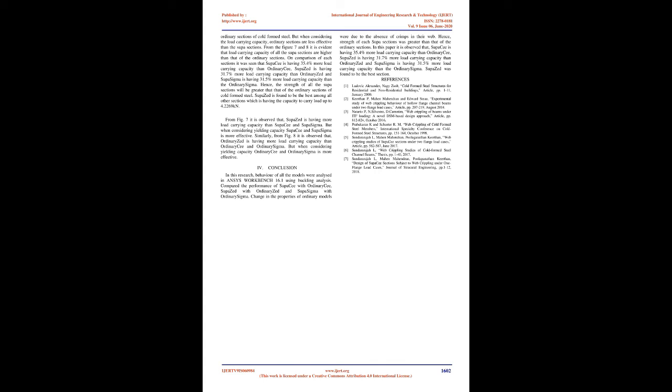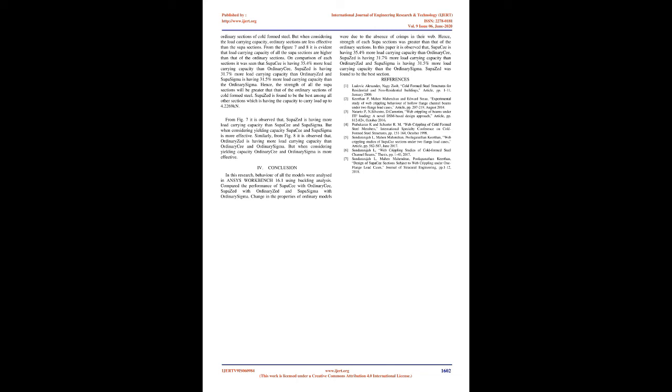For conclusion. In this research, the behavior of all the models was analyzed in ANSYS Workbench 16.1 using buckling analysis. The performance of Supa C was compared with ordinary C, Supa Z with ordinary Z and Supa sigma with ordinary sigma. Change in the properties of ordinary models was due to the absence of crimps in their web.